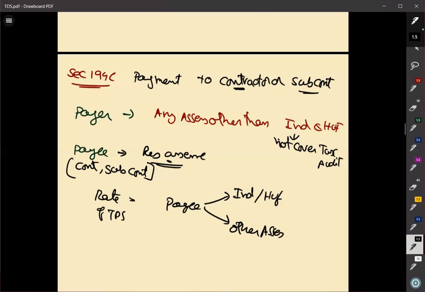So if he is an individual or HUF, the rate of TDS is 1%. The rate of TDS is only 1%. In the case of other SSC, the rate of TDS is going to be 2%. That's one important point we need to remember in the case of your 194C.